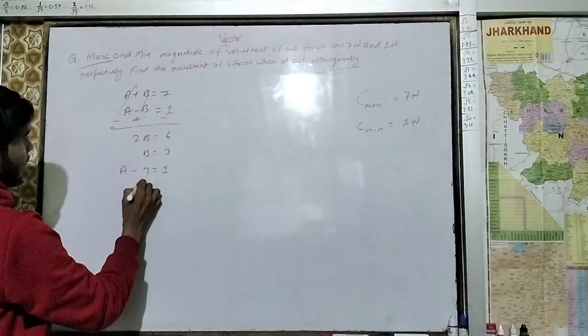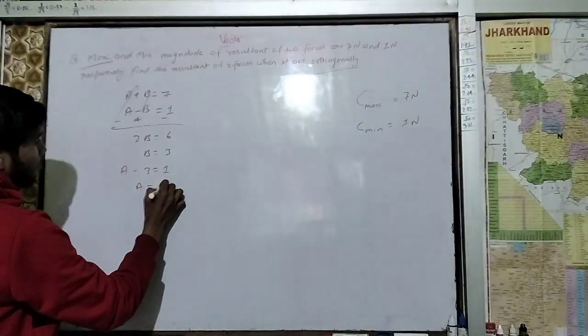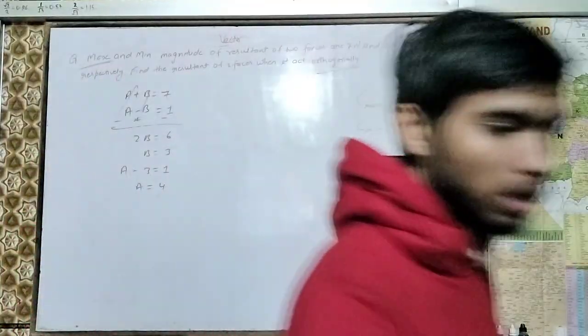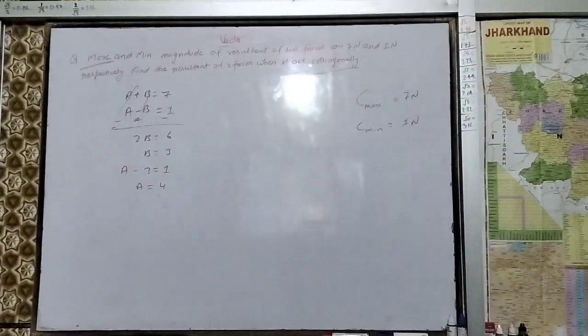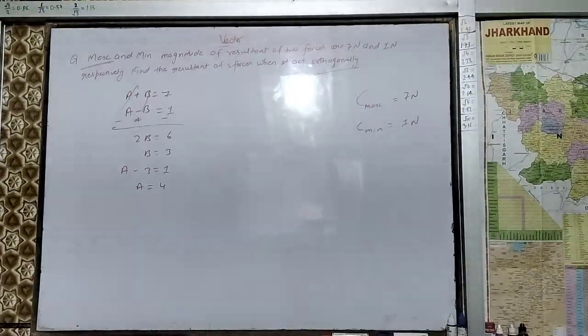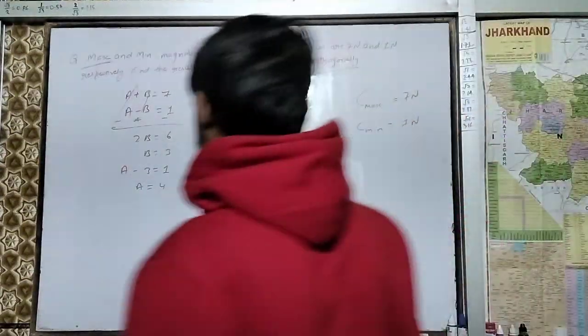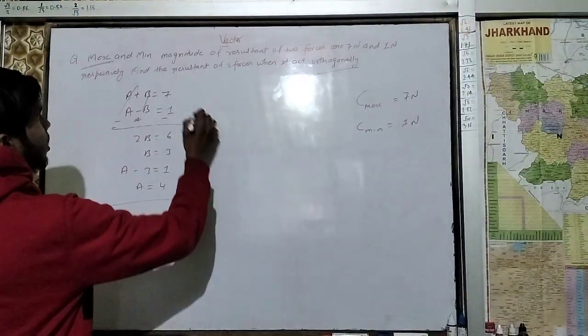So a minus 3 is equal to 1, a will come as 4. So a is coming as 4. Okay, till here this is correct.